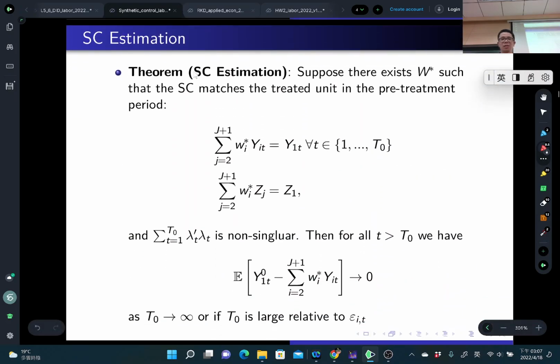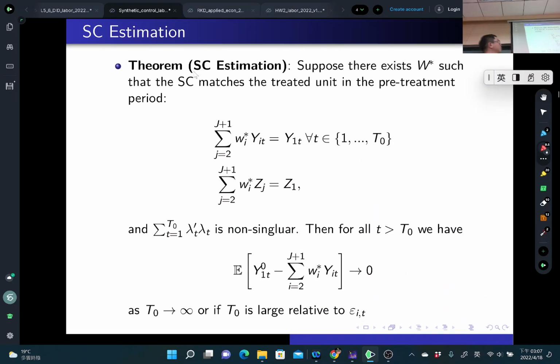Okay. So here is the theorem. Suppose we find a weight that can help us match the treated unit 1's outcomes for all the periods before treatment happened, and also match the treated unit 1's observed characteristics.